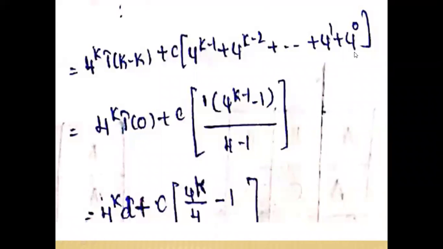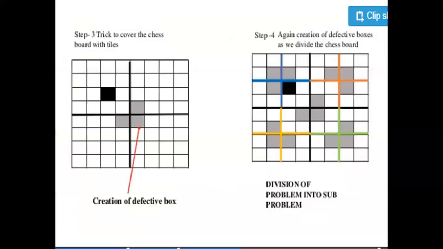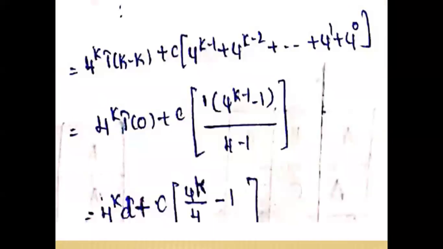So the sum of the numbers by using the generalization formula is 4 power k minus 1 minus 2, minus 1, equal to 4 power, here t of 0 equal to d, 4 power k plus c into 4 power k minus 1.